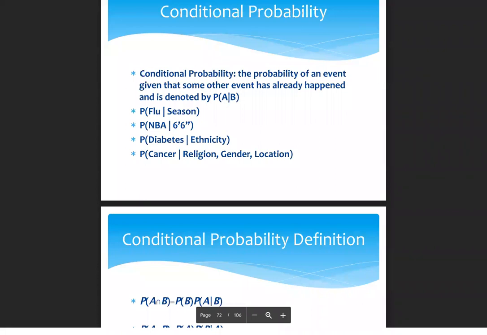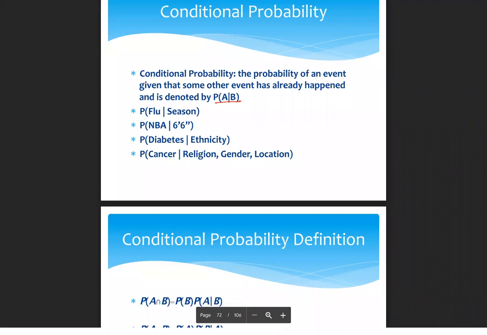Conditional probability is the probability of an event given that some other event has already happened, and is denoted by P of A, a vertical bar, and next to it B. Whatever is to the right of that vertical bar is given, meaning it has already happened. You can assume that it has happened.